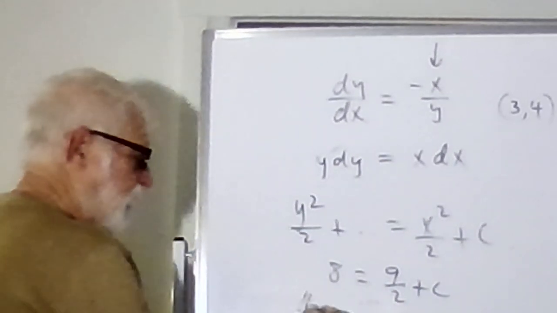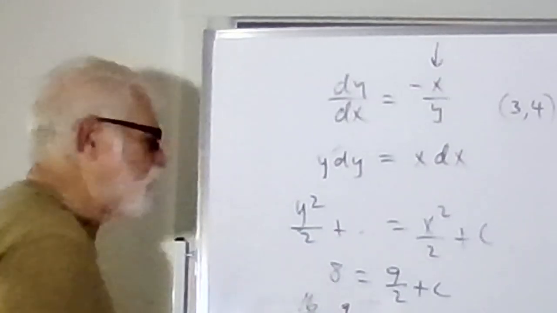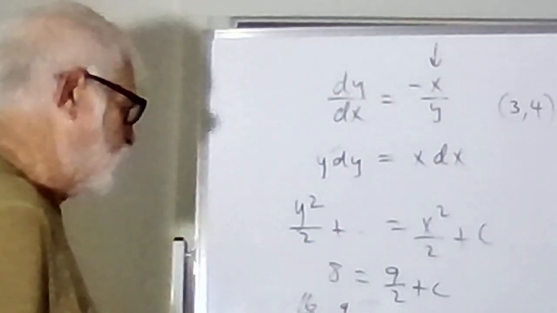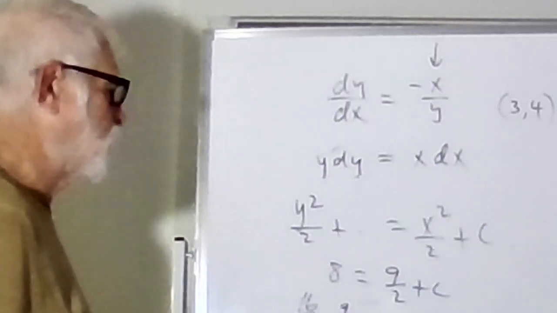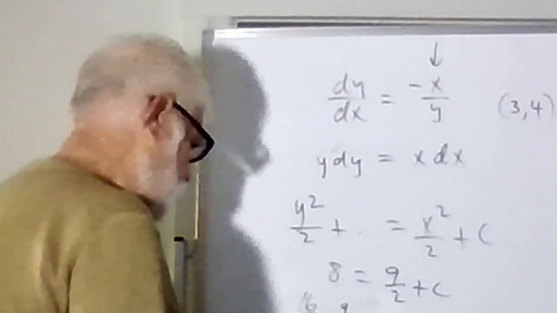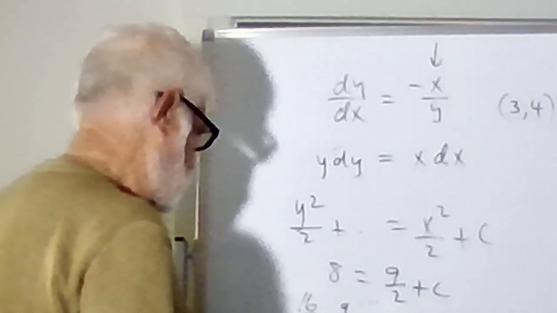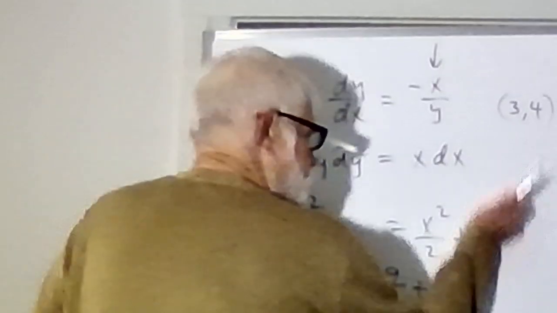I've got 16 halves minus 9 halves equals c. Let me make sure I put the 3 and the 4 in properly. 3 squared, 9 halves, yep. So that's 7 halves, I believe. Right here, yes, so 7 halves.